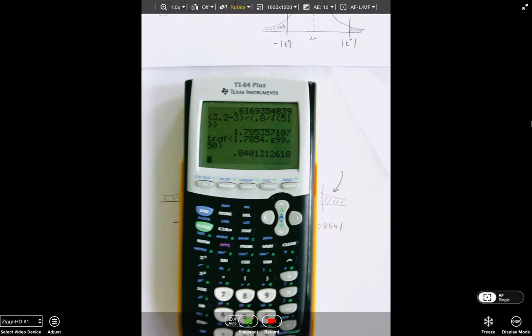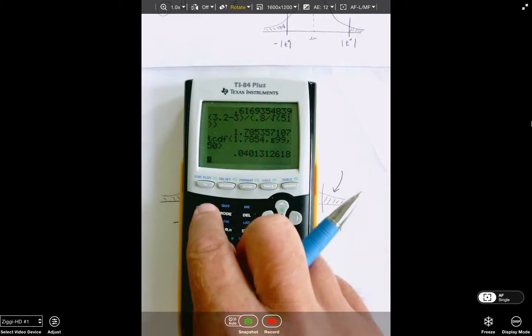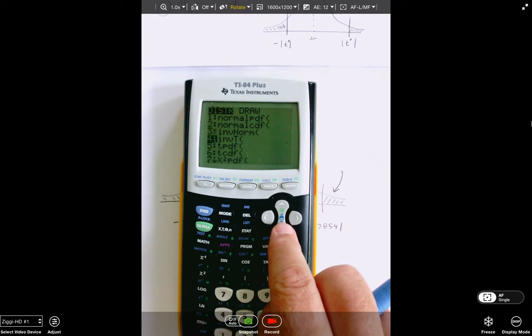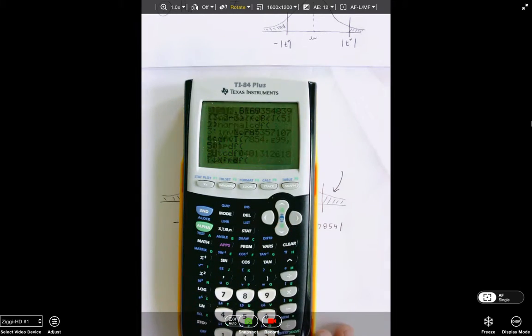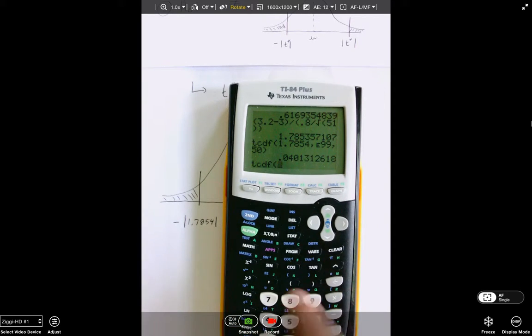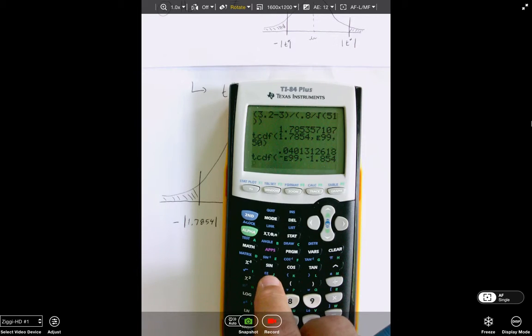Didn't have to. I could have found the other. I just didn't want to put in a bunch of negatives. I could have said, well, I want to find this one over here. Well, that's okay. I'd go negative E99 up to negative 1.7854, degrees of freedom.